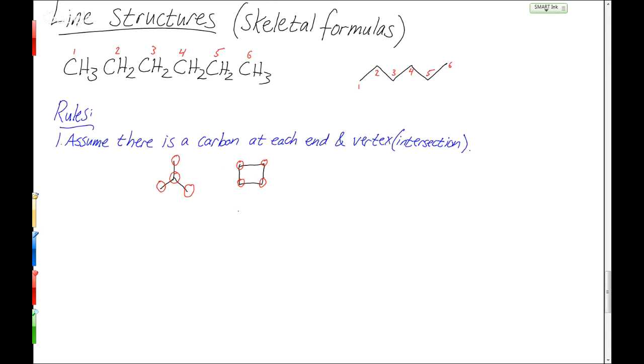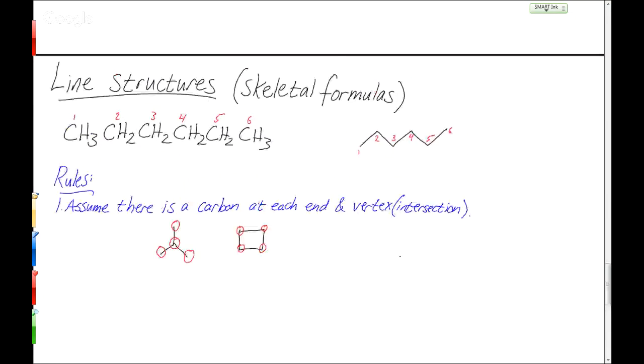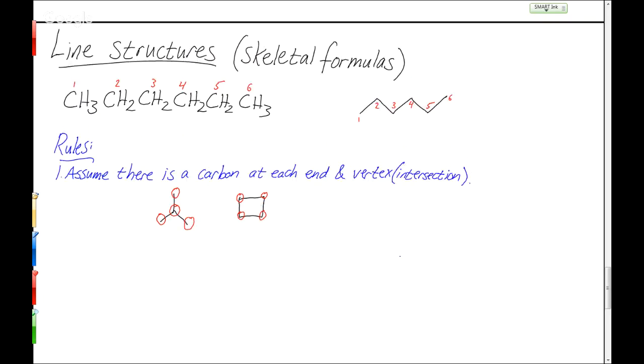So what's missing from the line structure? Hydrogens, and we don't draw the carbons. So we also have to think about how many hydrogens are there. If the hydrogens aren't shown, how can we figure out how many are there? If we're not going to put them in explicitly, there must be a way to figure them out, otherwise it's not a very good abbreviation.